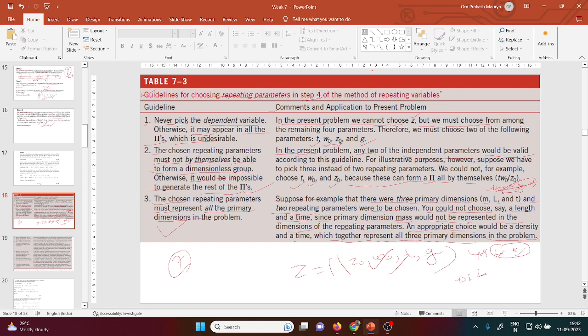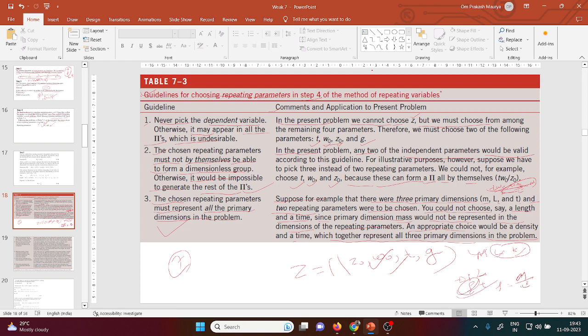So what do you do? An appropriate choice would be density and time. Density is what? It contains mass and length, and time is also there. So mass, length and time, everything is included in density and time. Because you are restricted to choose only two, you go to other parameters which together represent all 3 primary dimensions.